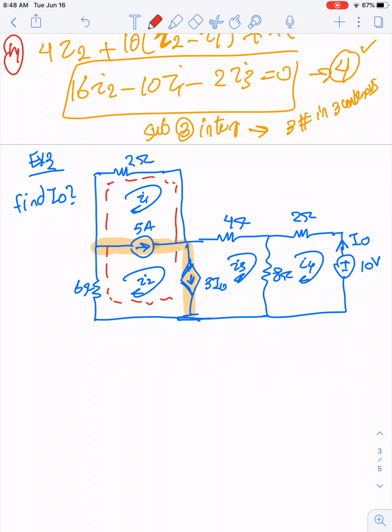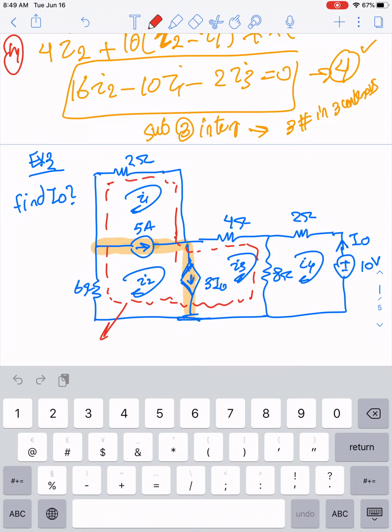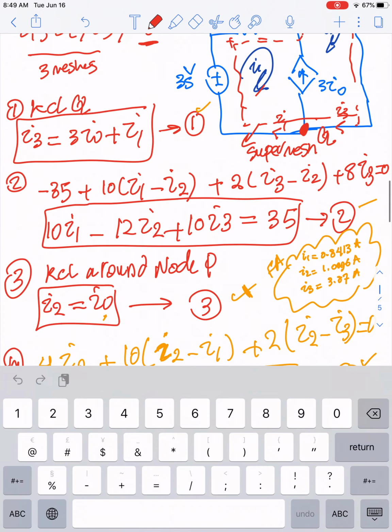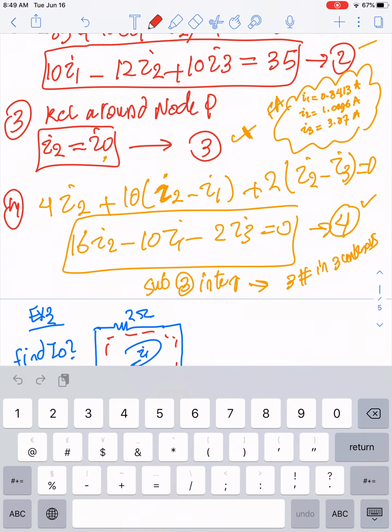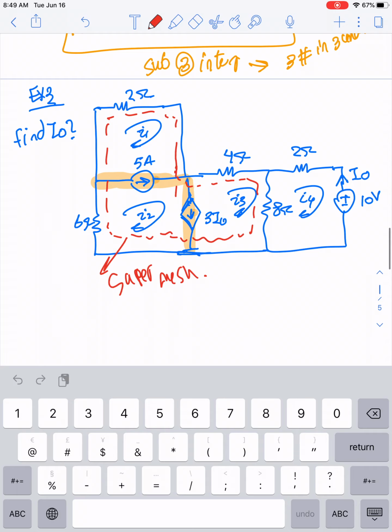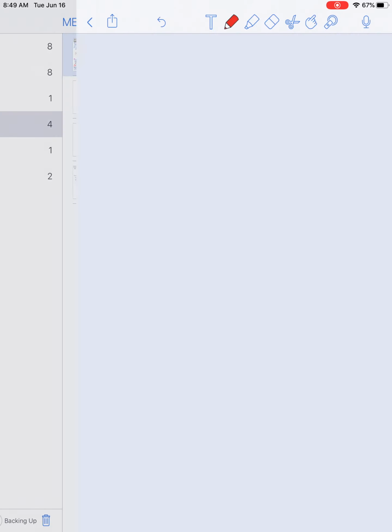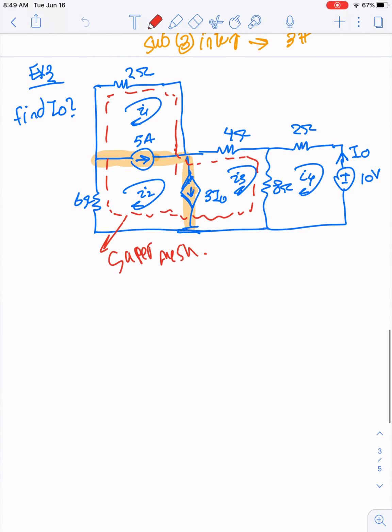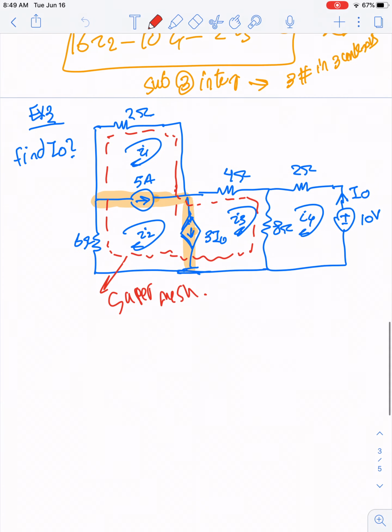So I will continue combining 2 with 3, so we'll have a very big mesh which is a super mesh.